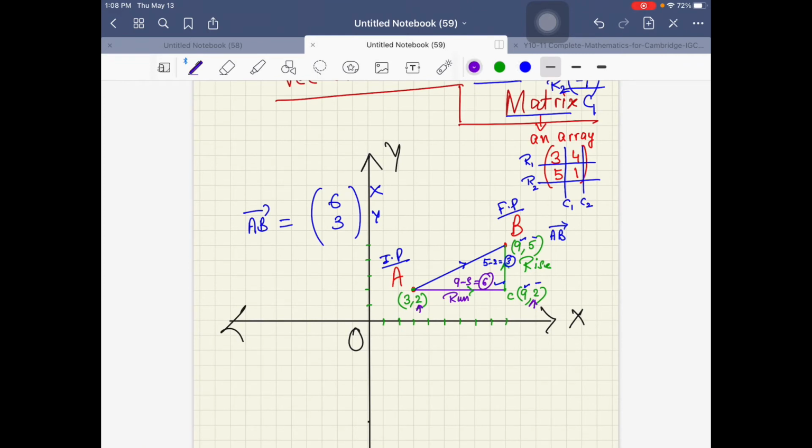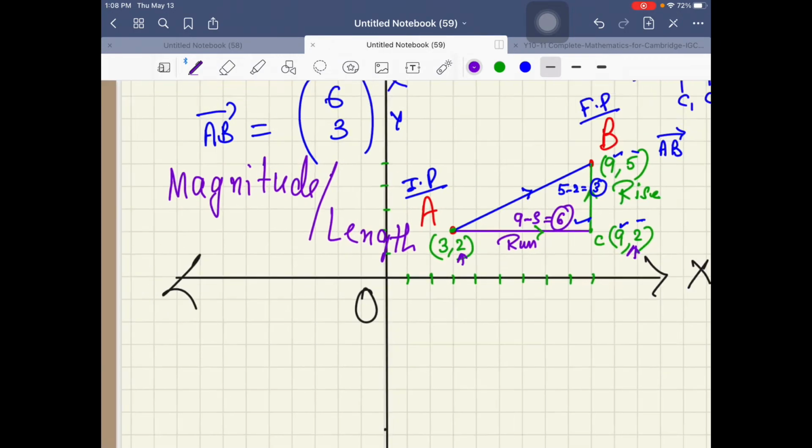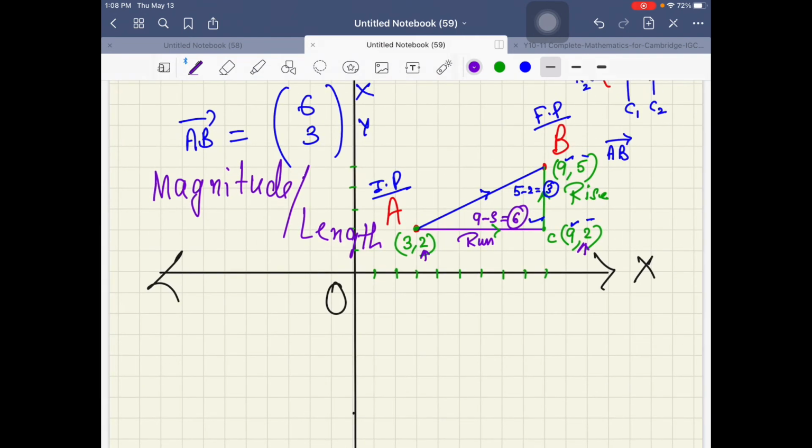The good thing is that when we write vector AB as a column matrix, we can find the magnitude or the length. The length or magnitude of vector AB we can find by using Pythagoras, or in a simple way, if you want to remember, if we are given vector AB as a column matrix 6, 3, 6 is the x component, 3 is the y component.